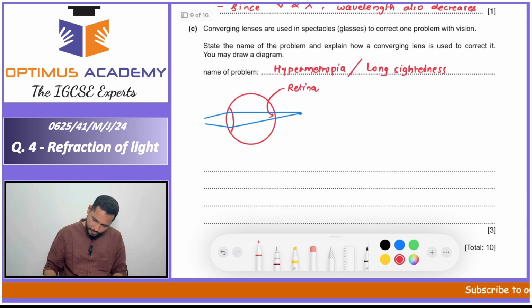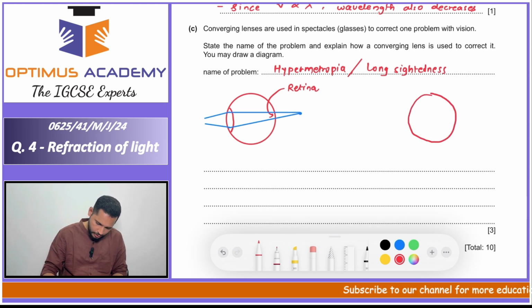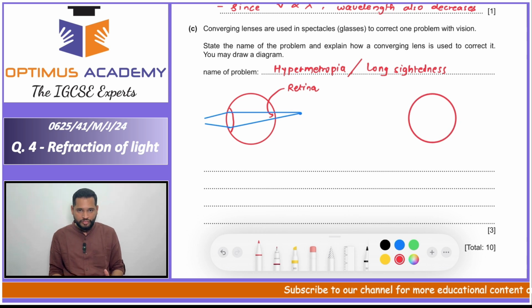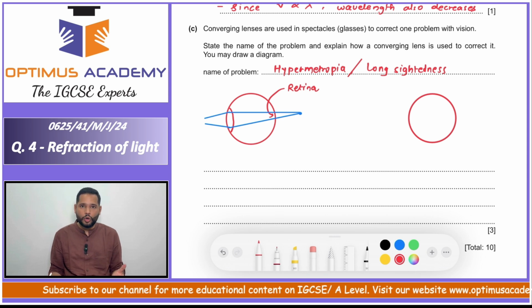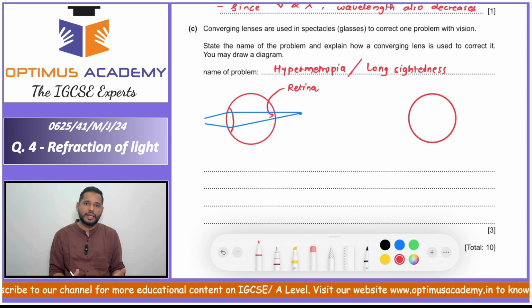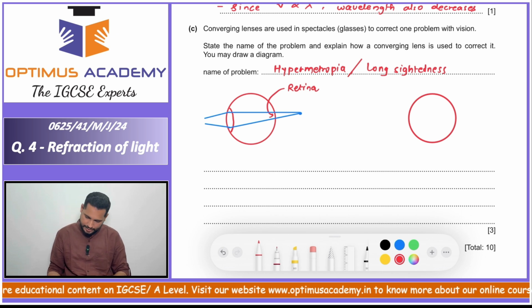Now, how can this problem be resolved? Again, we will draw the diagram. So, understand the problem first. The image is forming behind the retina, meaning the rays are meeting later than the expected point. So we have to converge them, we have to make them meet earlier than where they are meeting right now, and to do that we make use of a convex lens.